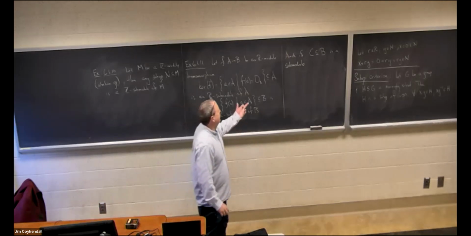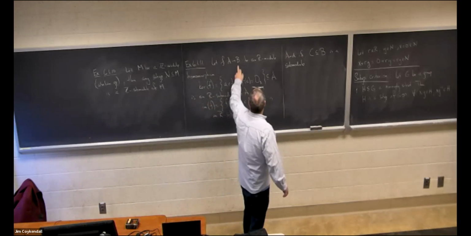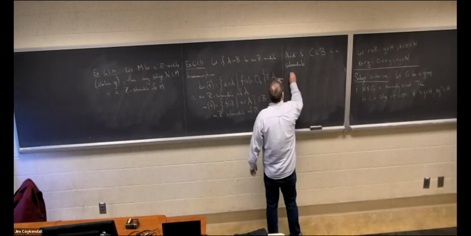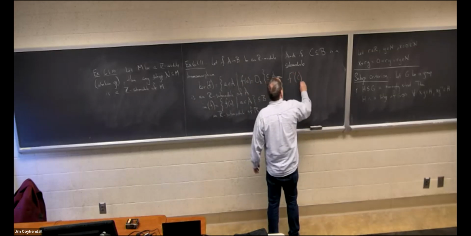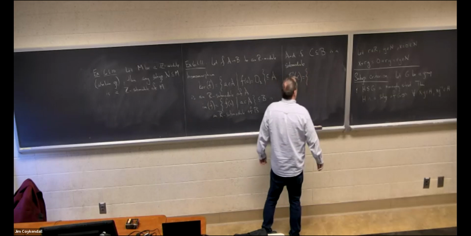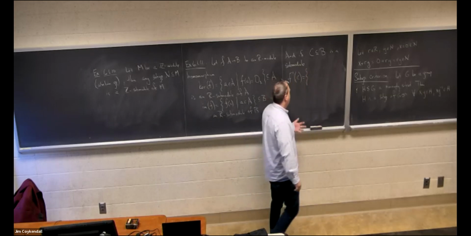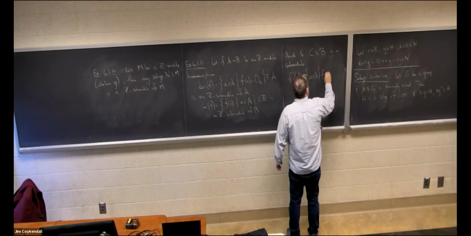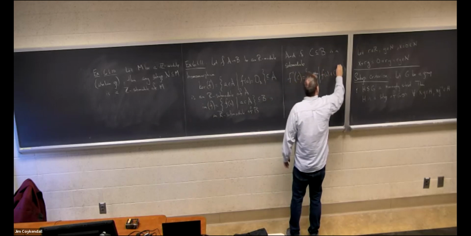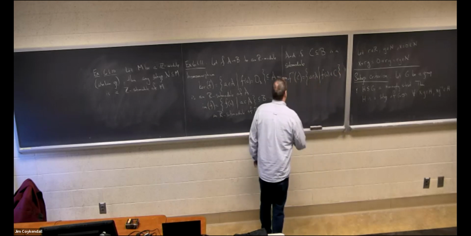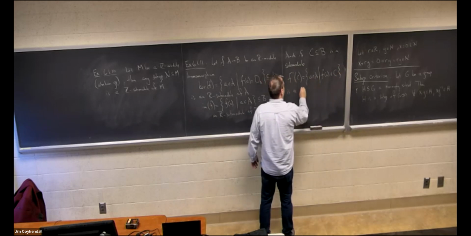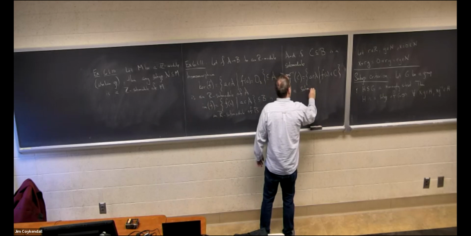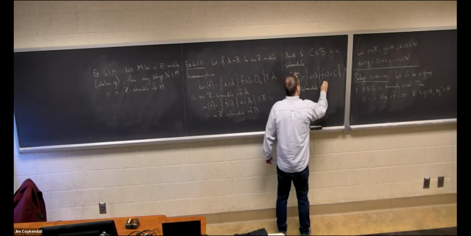So suppose I have a submodule C of B, then F inverse of C. And what do I mean by this? This is all the garbage in A that ends up in C. It is a submodule of A.